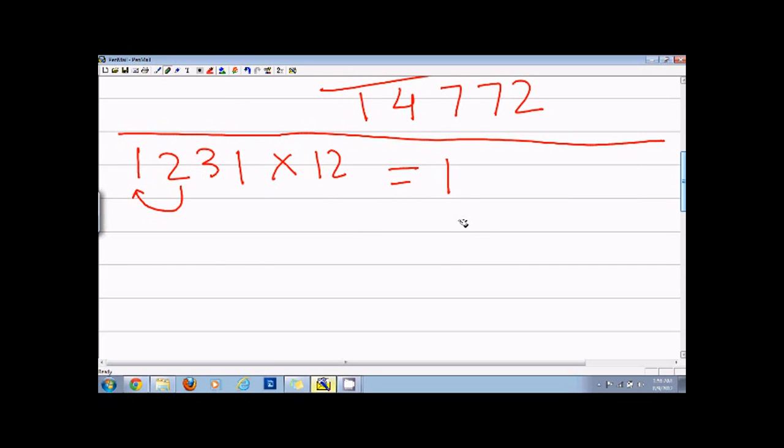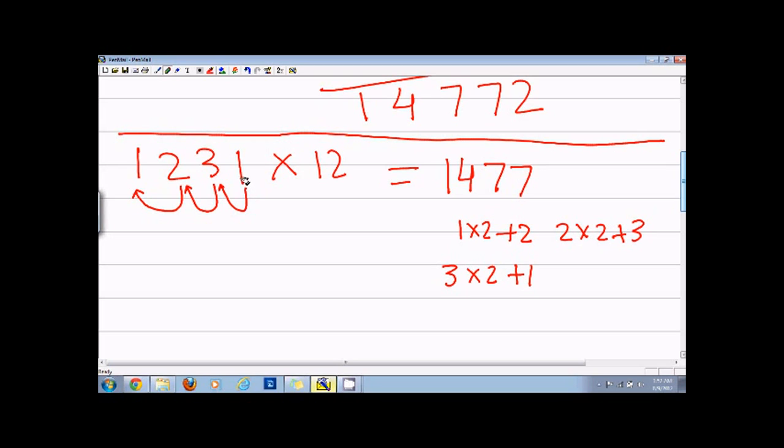So I'll say 1 into 2 plus 2, so that is equal to 4, and then I will add 3 into 2, but I will multiply 2 by 2 before, so I'll say 2 into 2 plus 3, so that is equal to 7, and then here I will add 1 into 3, but I multiply 3 by 2, so it will be 3 into 2 plus 1, so that is equal to 7, and then I will just multiply 1 by 2, so 1 into 2 is 2, so the answer is 14772.